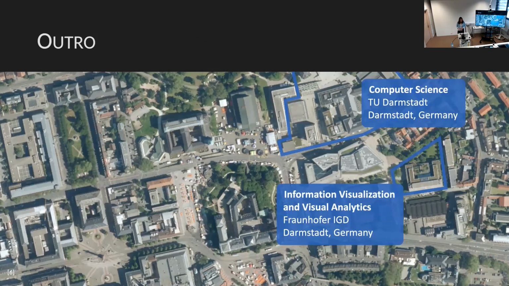So I would like to end my talk with a very short introduction of my research environment. As a PhD candidate, I am affiliated with the TU Darmstadt, but my everyday research actually happens at the Fraunhofer Institute for Computer Graphics Research, IGD. Fraunhofer itself is an organization for applied research with currently 76 institutes across a diverse range of disciplines.